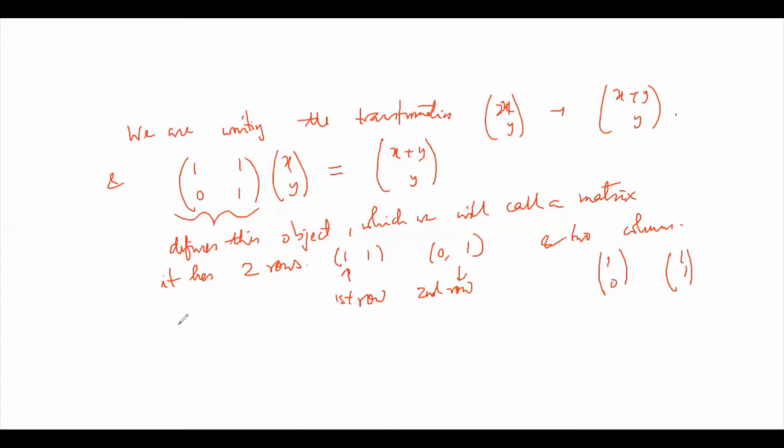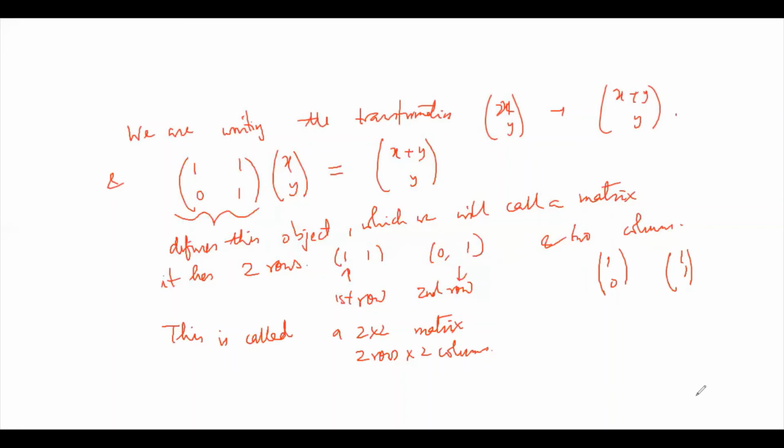This is the reason why this is called a 2 by 2 matrix. Two rows and two columns. Okay, so now notice that we have not talked about matrix multiplication at all. This is just the notation that we're using to remember what the transformation is.